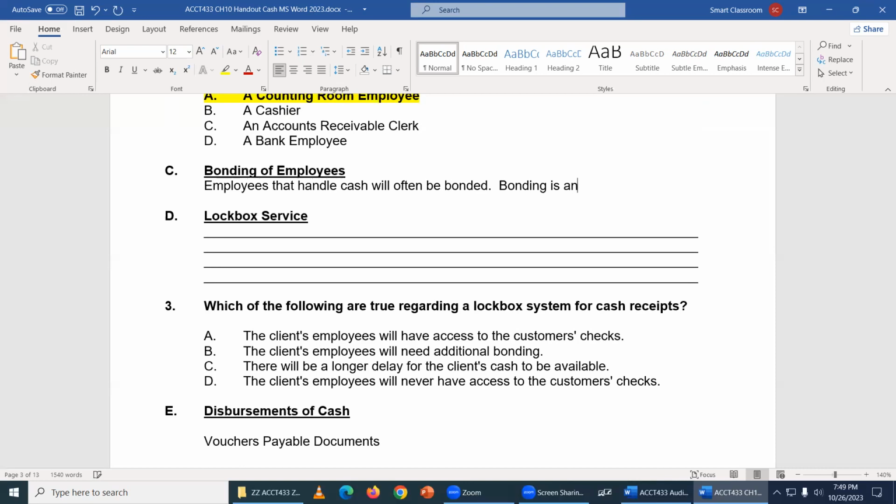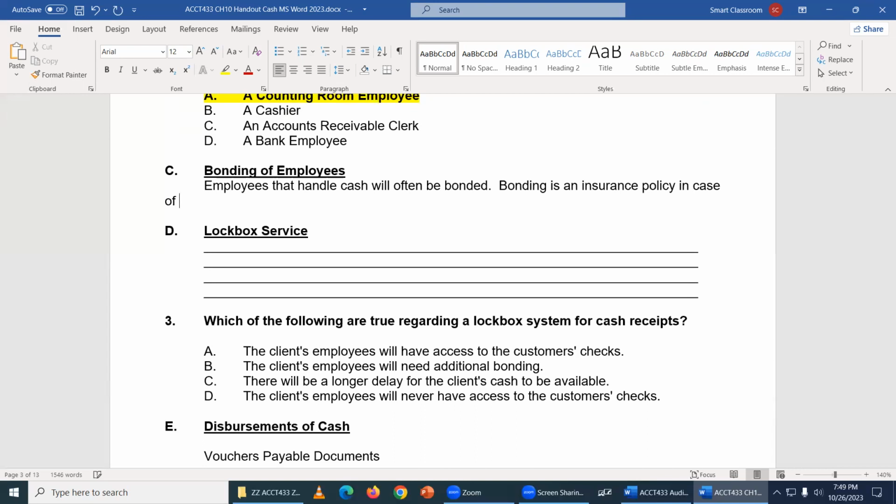Bonding is an insurance policy in the case of employee theft.